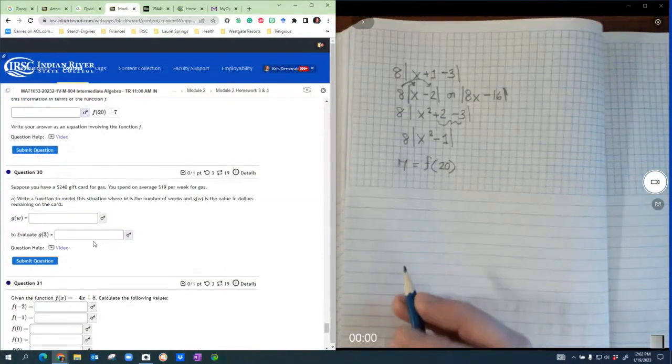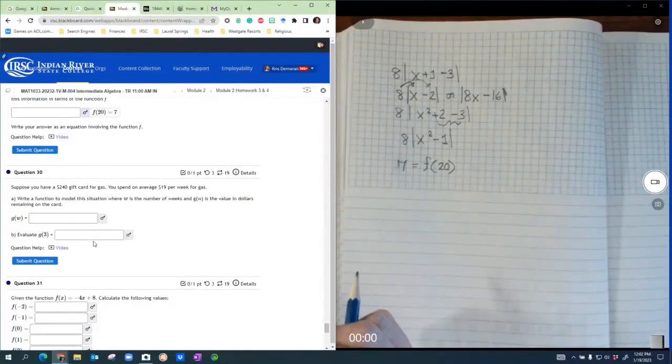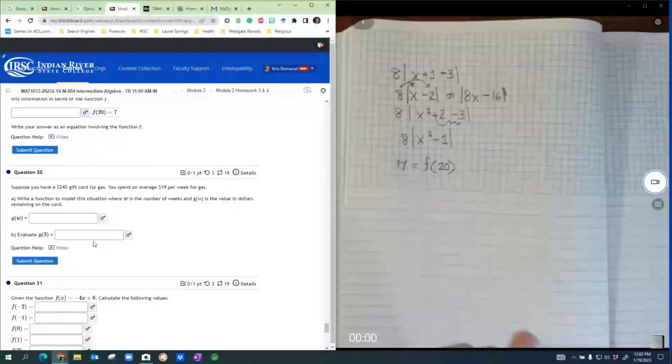Now, it says, suppose that you have a $240 gift card for gas. You spend on average $19 per week for gas. Write the function as a model of the situation, where W is the number of weeks and G of W is the value of dollars remaining.